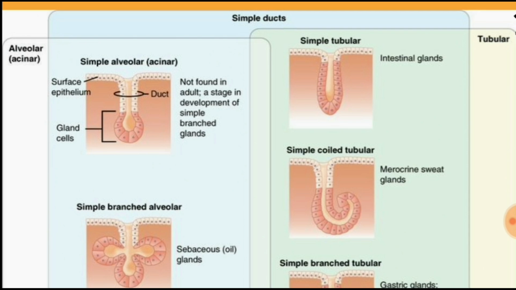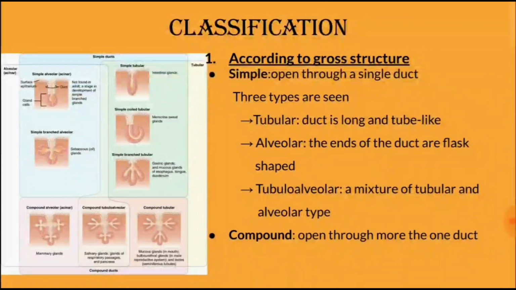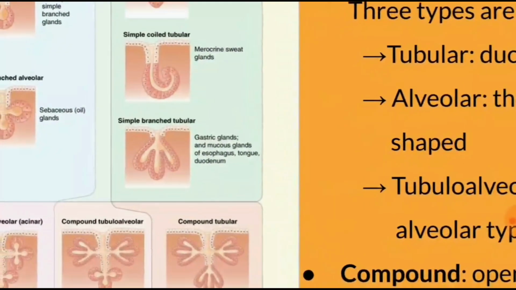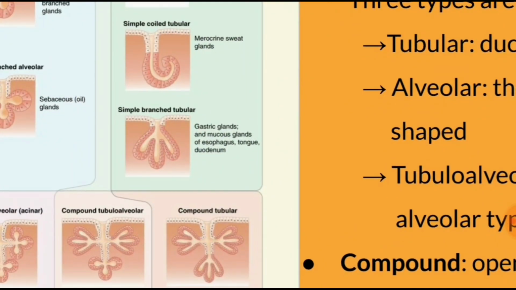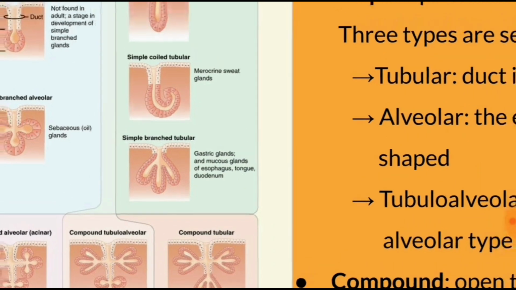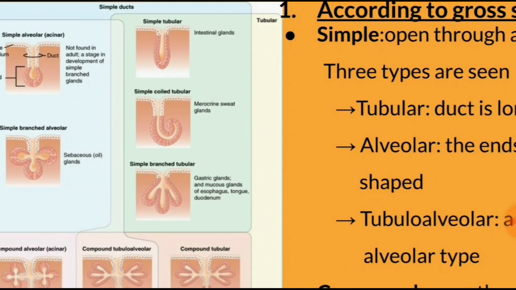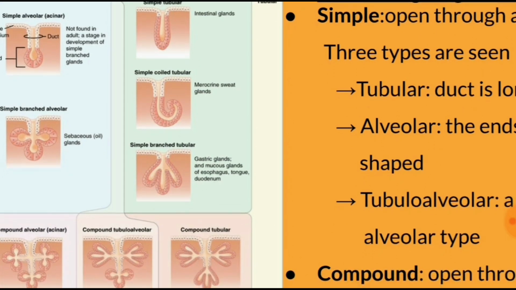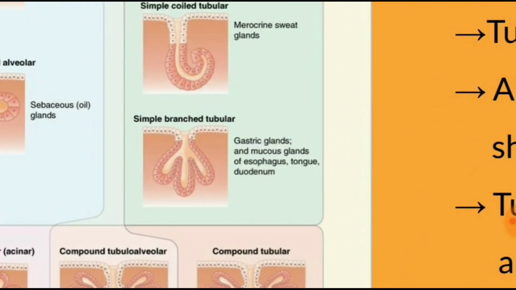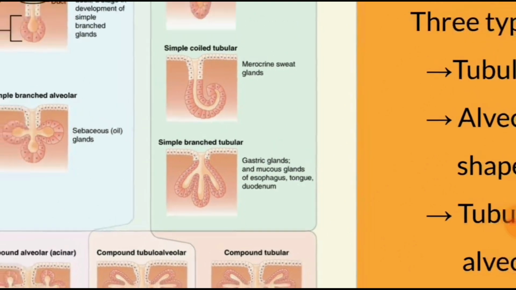So that is simple alveolar. Moving to the tubulo-alveolar, which is a mixture of tubular as well as alveolar types. You can see it here at the end. So there is a flask shaped as well as a tubular shaped part.